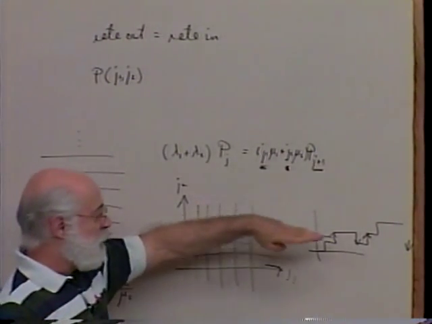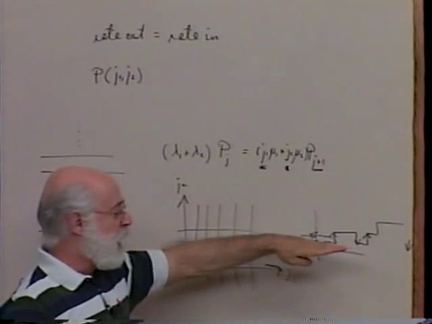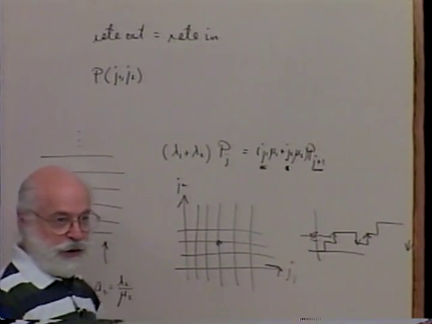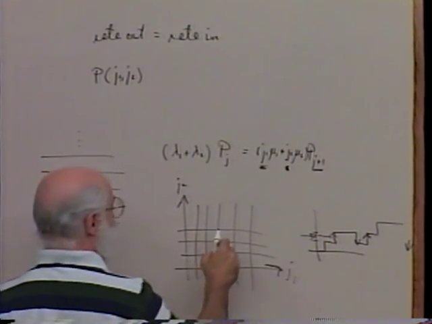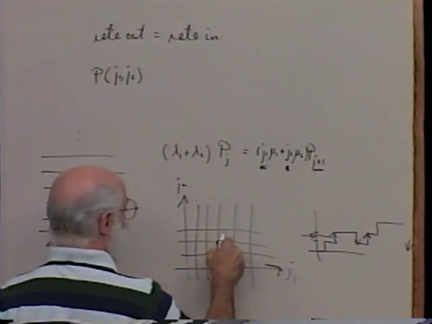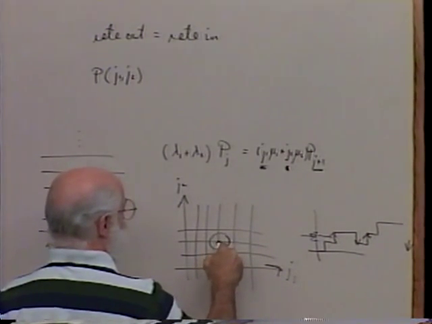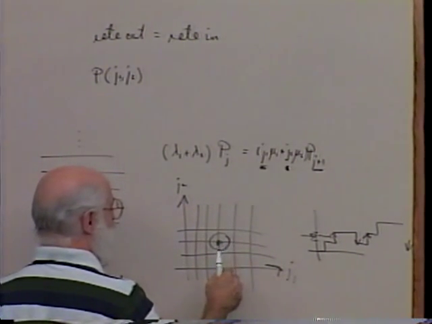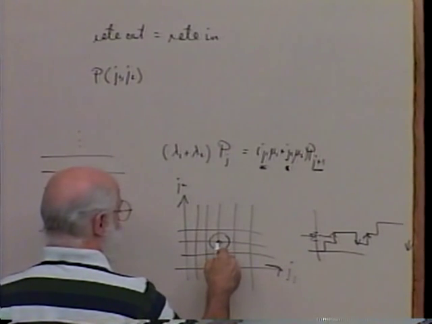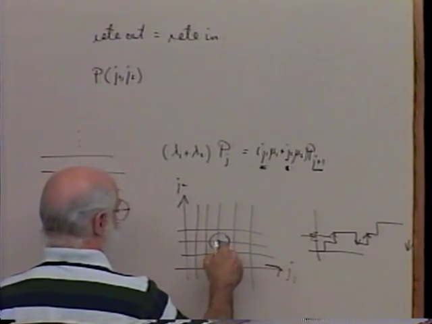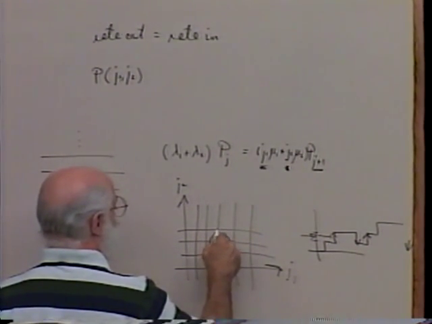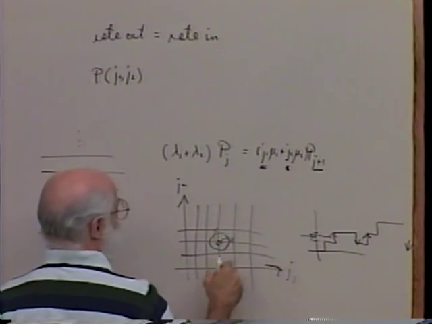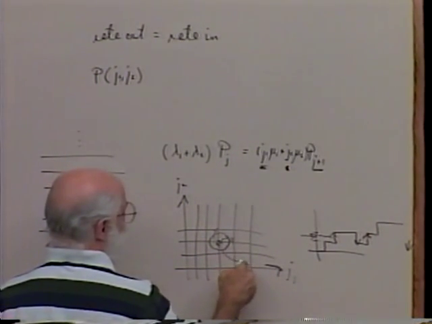Now, instead of imagining that I have a boundary and I go above the boundary and below the boundary, now I'll imagine that my boundary is a circle like this. And here's my state. And now I'll say what happens here is if I'm in this state, then after a while I will leave and I will go to some neighboring state. Could be any place.